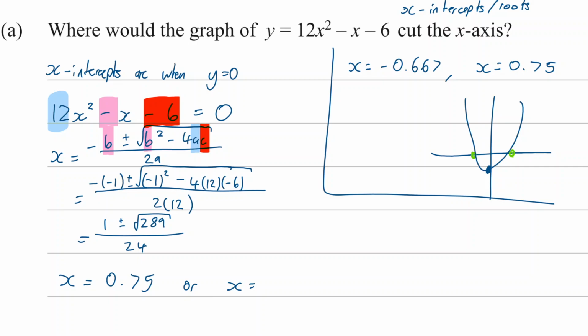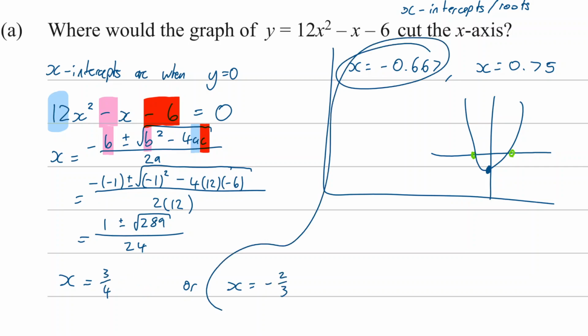And this one would actually be 3/4, or 0.75. Fraction or decimal, doesn't matter. And look at that, we have the same x values, or the x-intercepts. So two methods you could solve this question. Do it algebraically first, but do also check graphically.